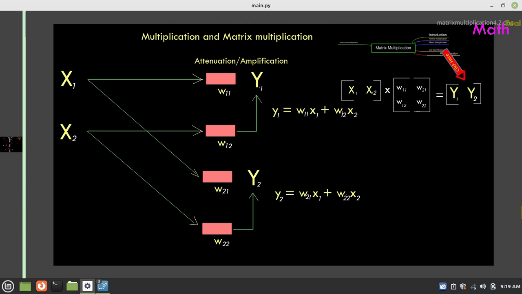Just think about writing this diagram, and just this much. So this is matrix notation.